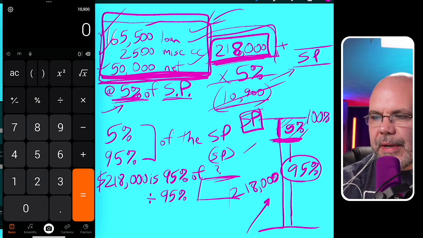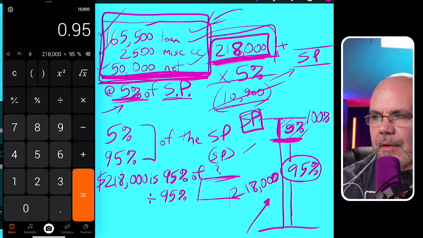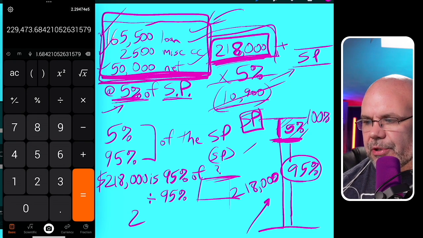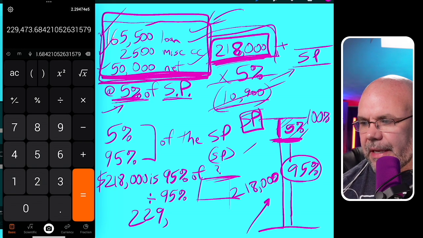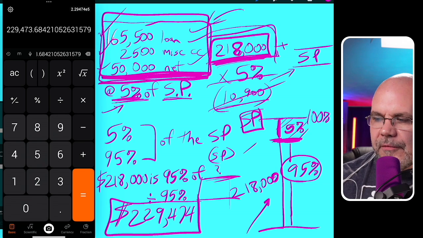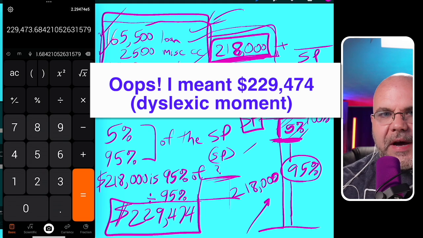So let's take our 218, divide it by 95%. 95, hit the percent sign and hit the equals, and that tells you that your sales price needs to be $229,474. That's the sales price that you need to sell it for. From that $229,747, they're going to pay you 5%.